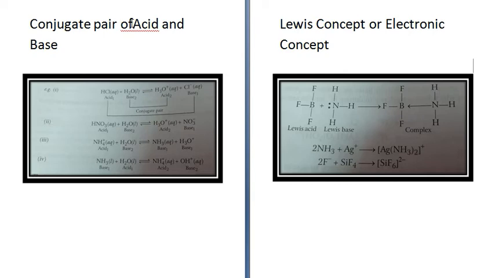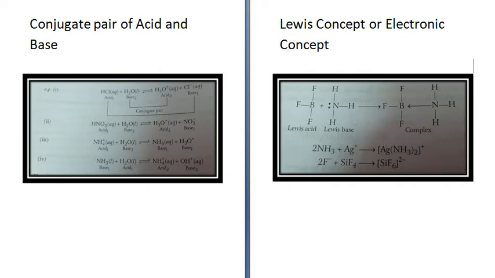A conjugate pair is defined as chemical species which differ from each other only to the extent of a transferred proton. That is, conjugate acid is equal to conjugate base plus H+. It means there is only the difference of H+ between the two.